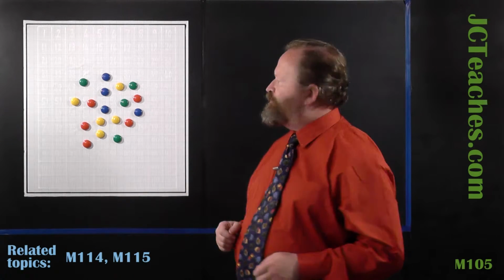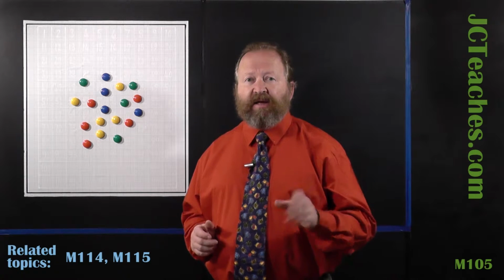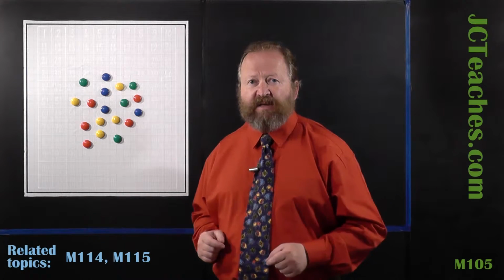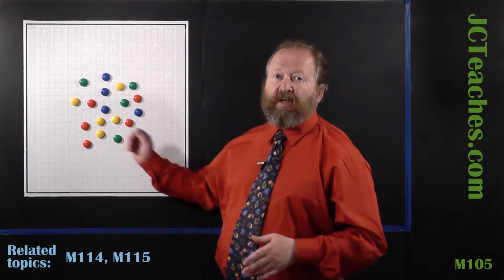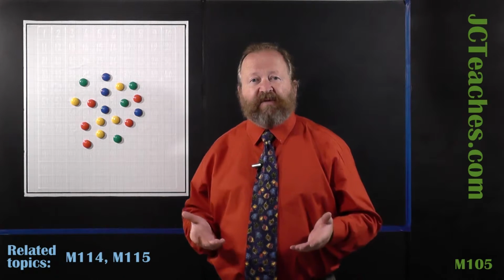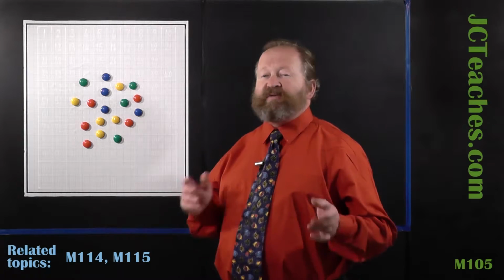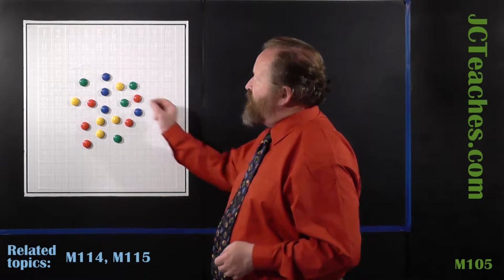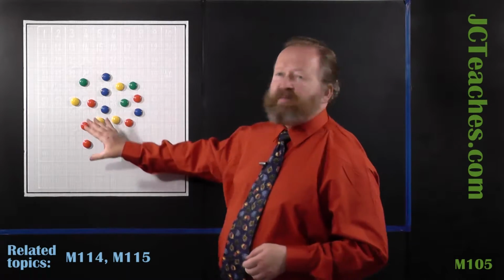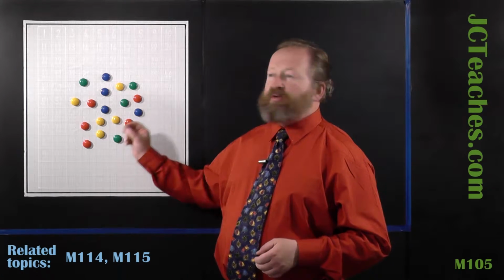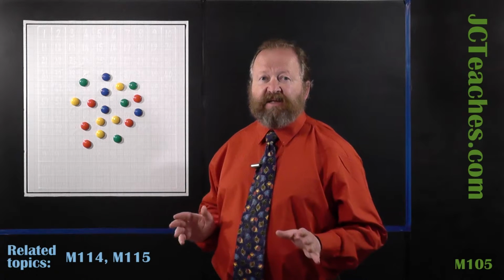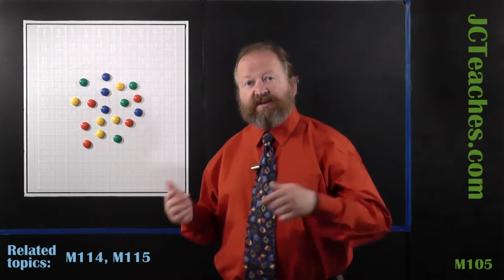Now, in the video about factors, I used 24 as an example, and I used my blobs here to talk about how we can find the factors of 24, which of course is all the numbers that go into it. If I do a similar thing with 18, this is 18, firstly, I'm going to make this into a rectangle just to show that 18 isn't a prime number because it does have factors.